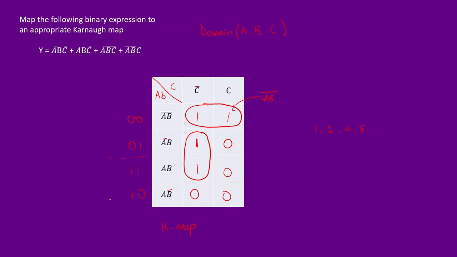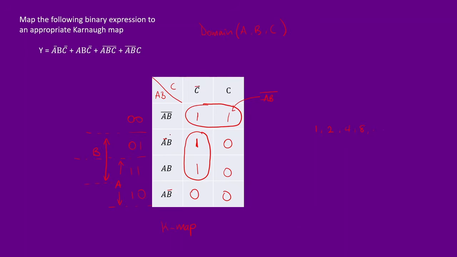So we know that this is the region where A is high, and this is the region where B is high. Because you can see here you have B high, and here you have A high.